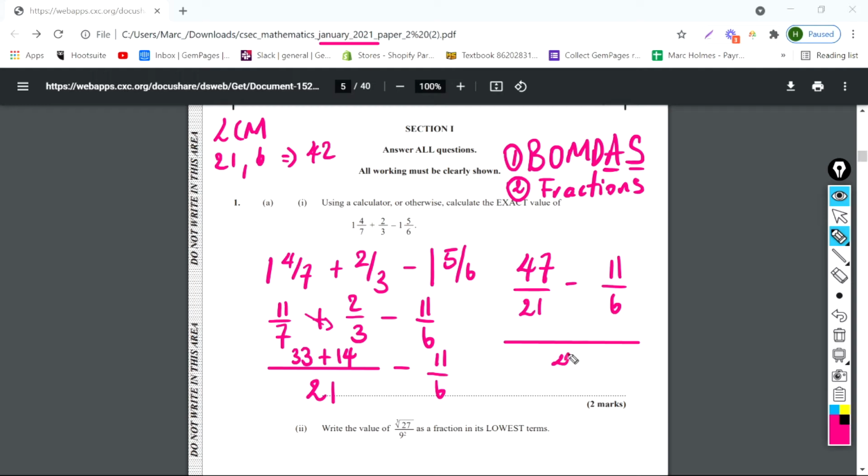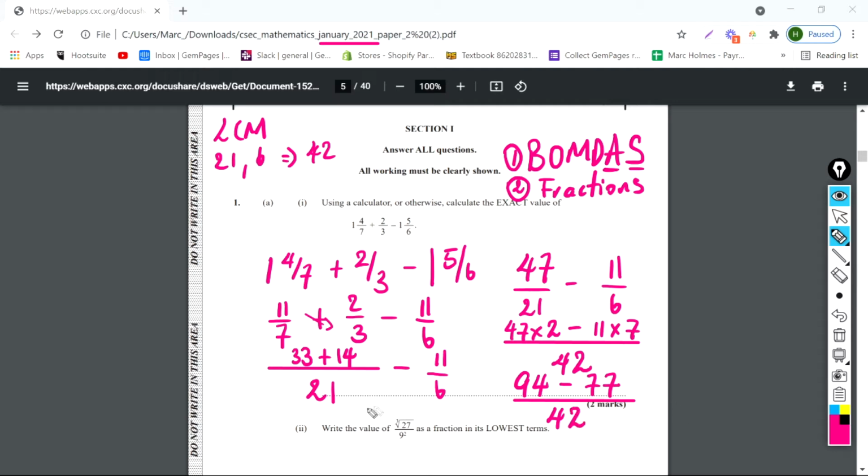We're going to get 42 here. 21 goes into 42 2 times, so this will be 47 times 2 minus 11. 6 goes into 42 7 times, so this is going to be 11 times 7. And we're going to end up with 47 times 2 is 94 minus 77, and this is all going to be over 42.